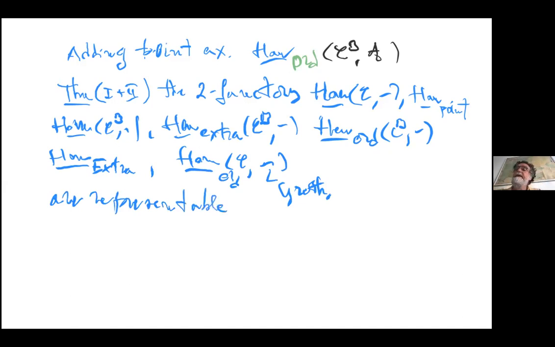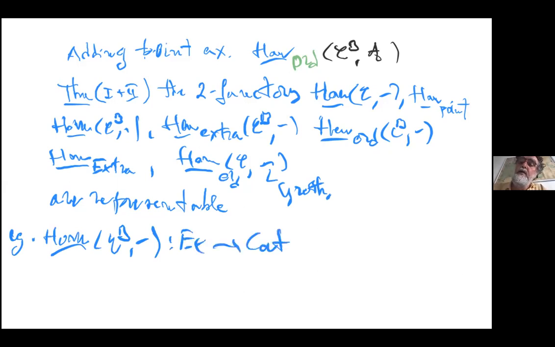Which means that in the first part, they take values in a small category. So you have, for example, let me take this one, Hom C, the relative cohomology functor takes value from X to cat, where this is small abelian categories and exact functors.